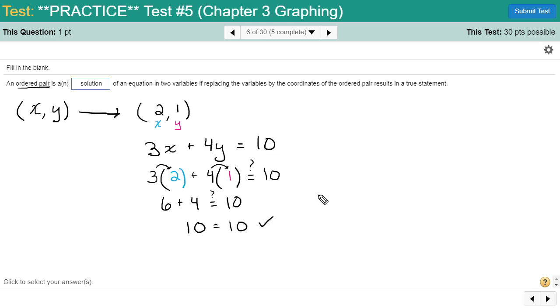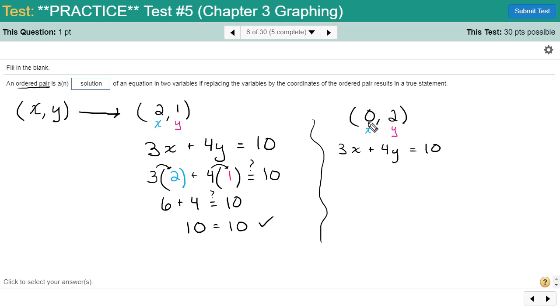Let's say, just for a counterexample, that we wanted to test the point, let's make it easy on ourselves, 0 and 2, where the 0 is our x and that positive 2 is our y, and let's use the same equation. Is the point 0, 2 a solution to the equation 3x plus 4y equals 10?